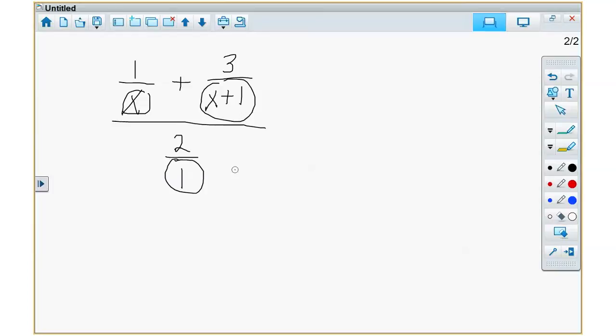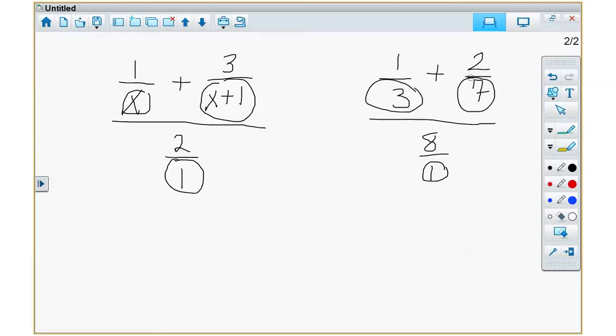Okay, let me take it down further. 1 over 3 plus 2 over 7, over 8 over 1. What is the common denominator of 3, 7, and 1? 3 times 7. Okay, you see the relationship? If 3 and 7 have nothing in common, you mash them together.